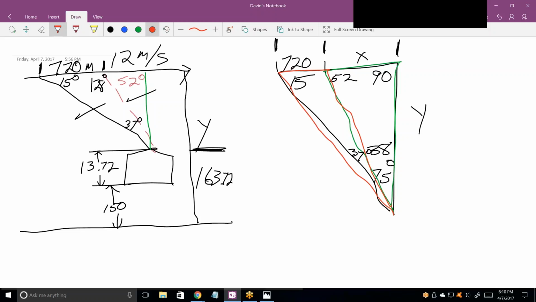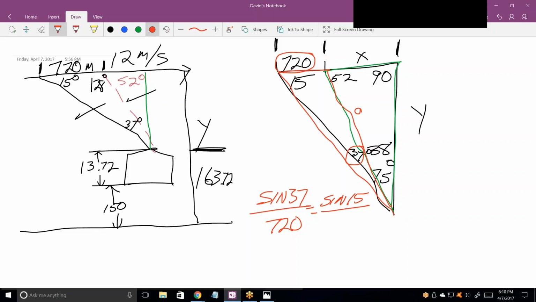And what do we know about the red triangle? Use the law of sines. In other words, we know there's a 37-degree angle there, and we know that it's 720 there. So how do you start that? So sine of 37 degrees over 720 equals sine of 15 degrees over A. Yes.